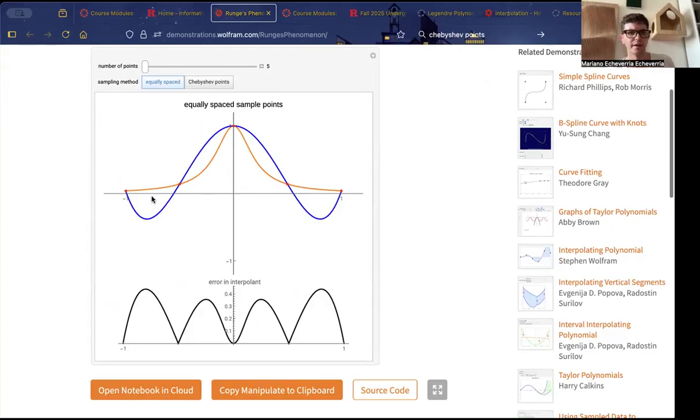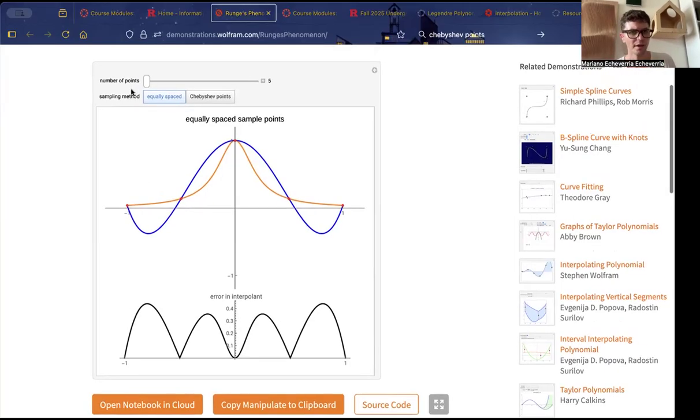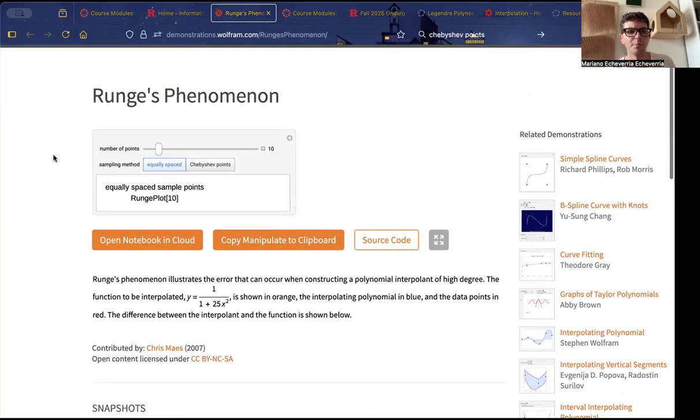These are called equally spaced points, because the differences in the x values are equal, sometimes called an equally spaced grid. But the idea in Runge's phenomenon is that you could increase the number of sample points.